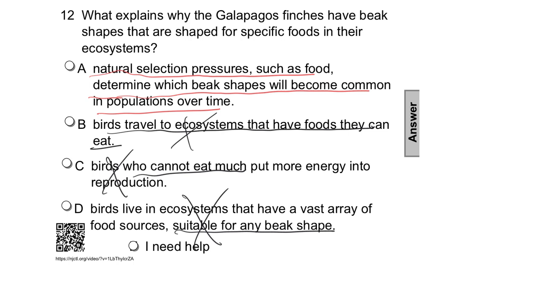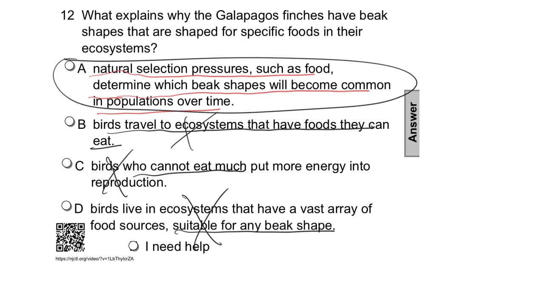So depending on the environment, it depends on what food source is available. And so there are certain beaks that are adapted to specialize on breaking up or obtaining specific types of foods. So letter A is the best choice.